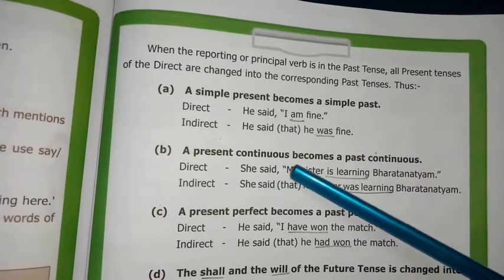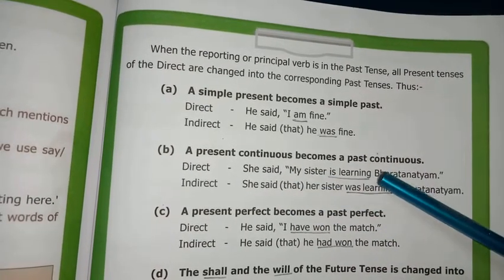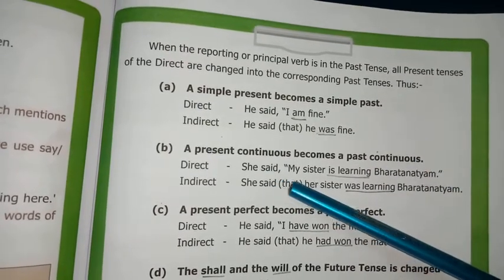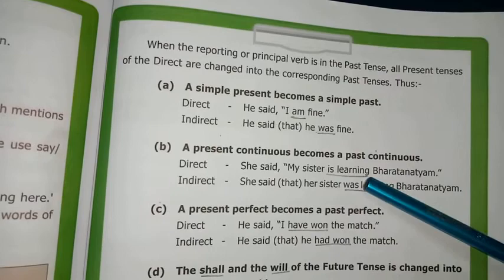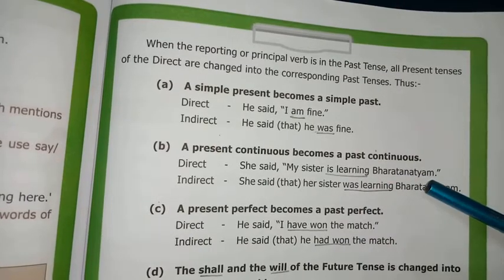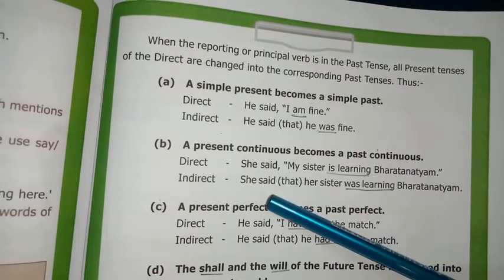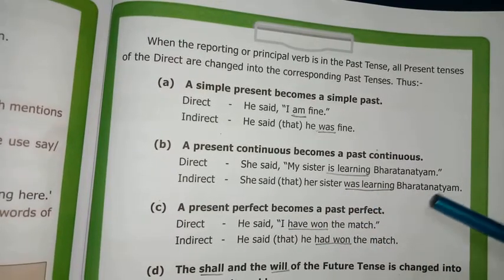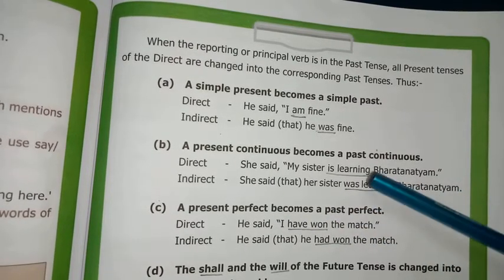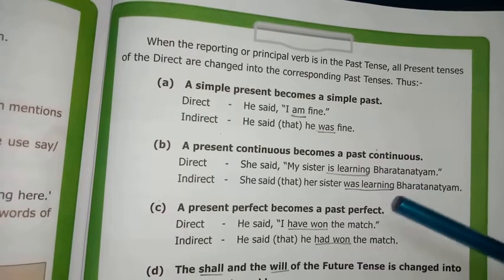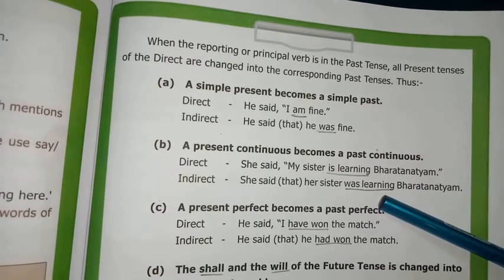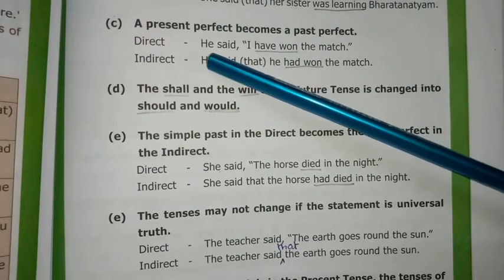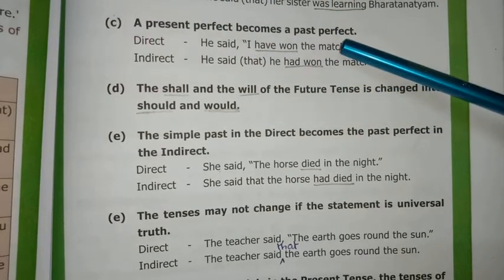A present continuous becomes a past continuous. She said, my sister is learning Bharatanatyam. She said that her sister was learning Bharatanatyam. Yes, here present continuous becomes a past continuous. A present perfect becomes a past perfect.